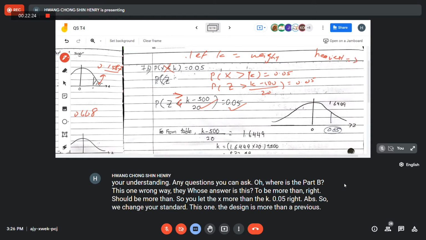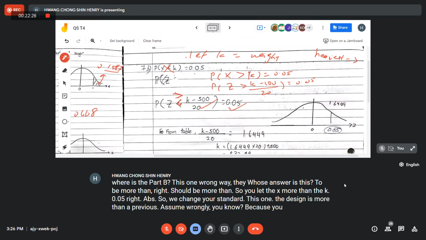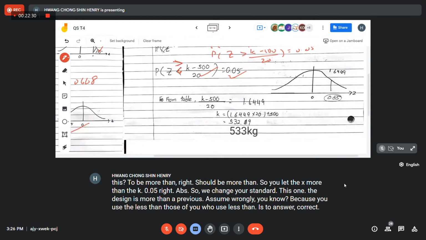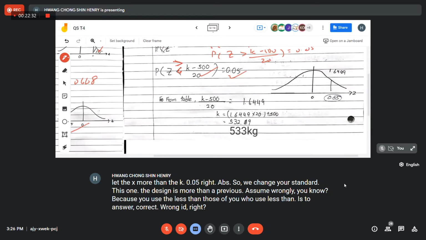I assume wrong already, because you use the less than. Those of you who use less than, is the answer correct? Wrong already, right? Hey, how come still correct one? Okay, more than.